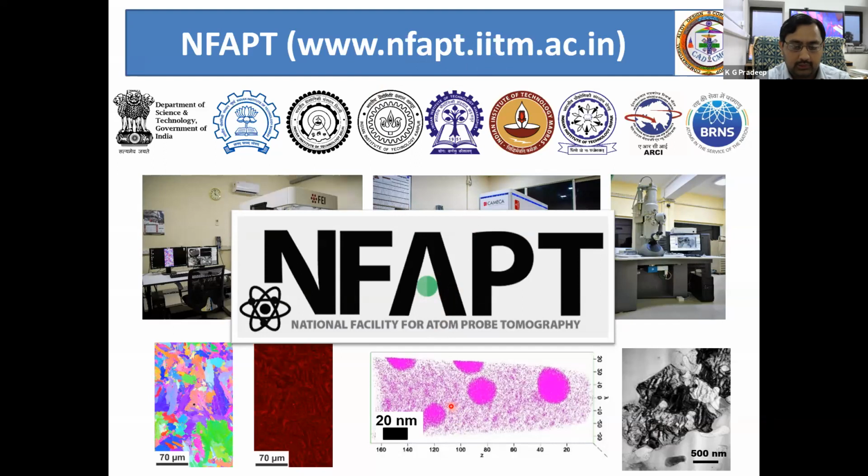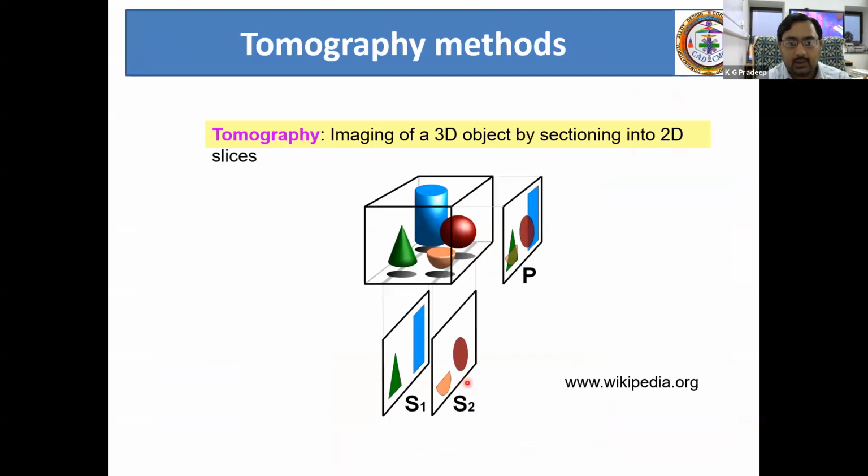Before I move on to distinguish other types of microscopy, like electron-based or other methods, from atom probe tomography, I would like to give a brief introduction to what tomography is, how powerful it is, and why it has become so necessary to understand atomic scale phenomena. If you look at this slide, you have a box with a cylinder, a sphere, and conical shaped objects inside.